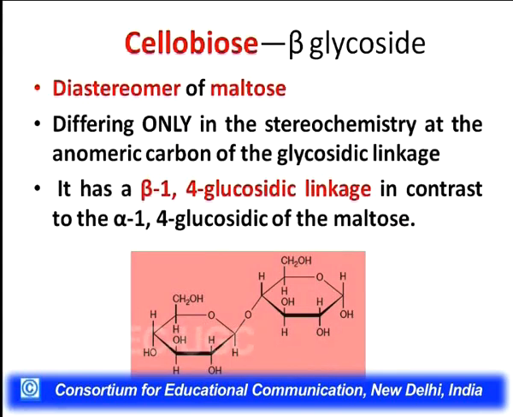So, as I've already said, cellobiose is a beta glycoside and it is a diastereomer of maltose. It differs in configuration only at the anomeric carbon of the glycosidic linkage, with a beta 1,4 glycosidic linkage, in contrast to the alpha 1,4 glycosidic linkage in maltose. So this is the structure of cellobiose.